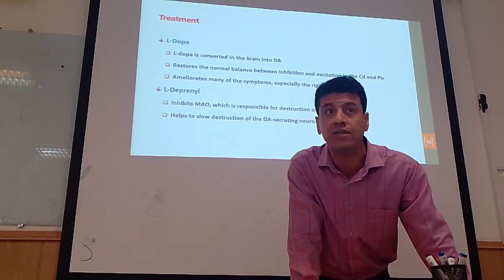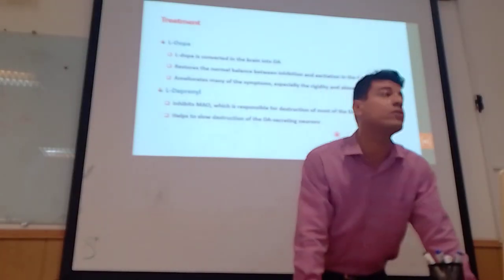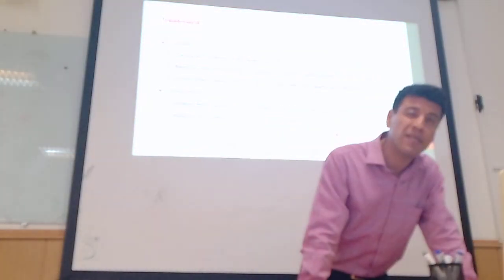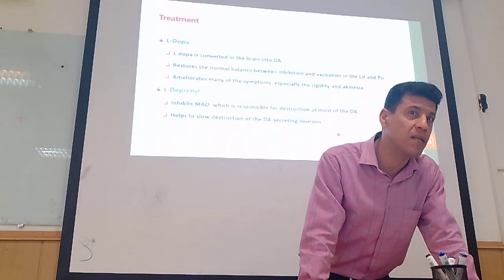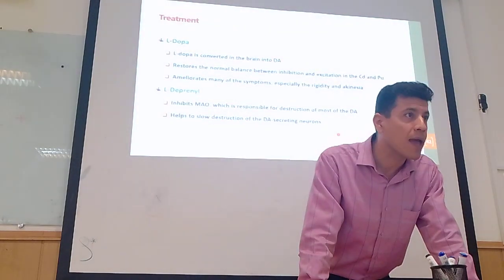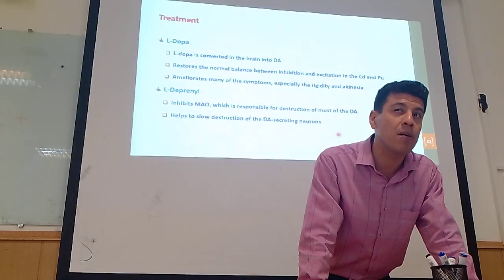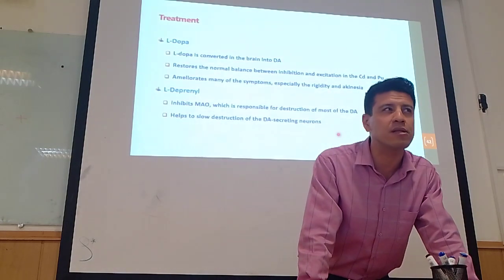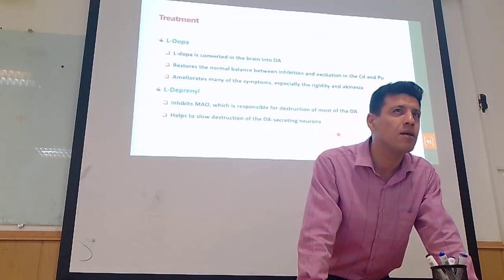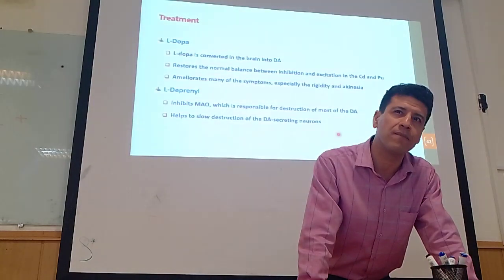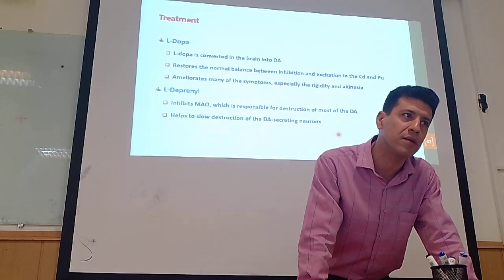In order to treat the person, you should give the dopamine. Dopamine itself actually cannot penetrate the brain, I mean the BBB, and it's degraded by the enzyme very fast. So it's not a suitable drug for treatment of this patient. Okay? So the best drug is L-Dopa, which is a precursor of the dopamine.